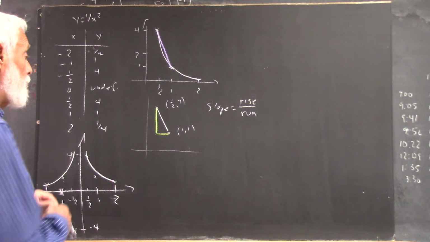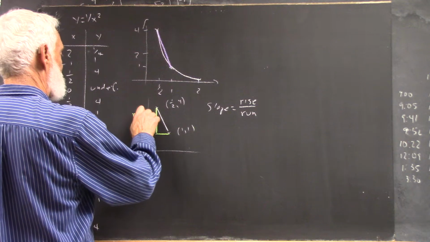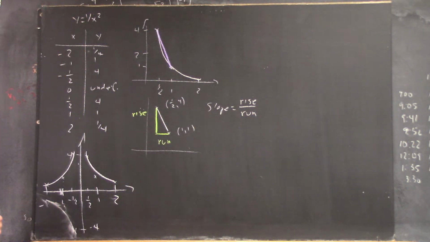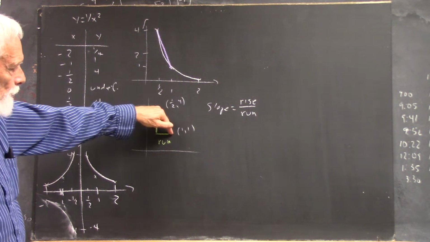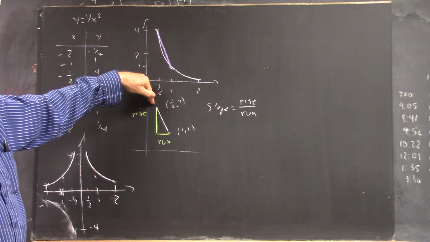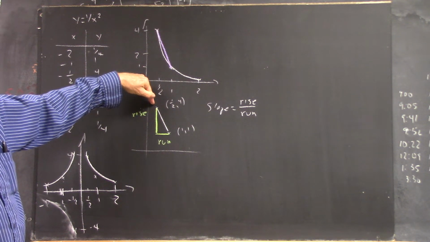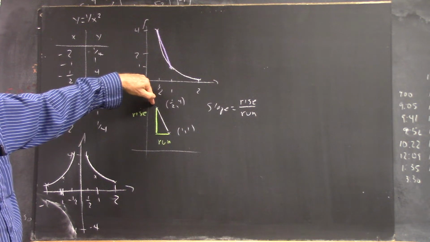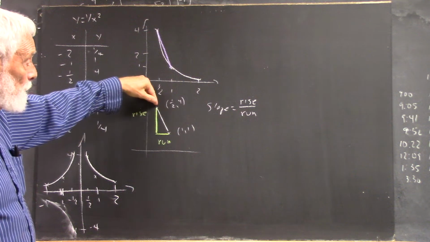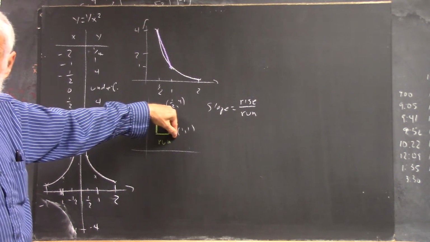And now we call this the rise. And this is the run, except I need a direction. So do I want to go from this point to this point, or do I want to go from this point to this point? Again, you have a choice. It makes no difference which point is first and which point is second. But we have to follow this path from whichever point you think is first to whichever point we think is second.